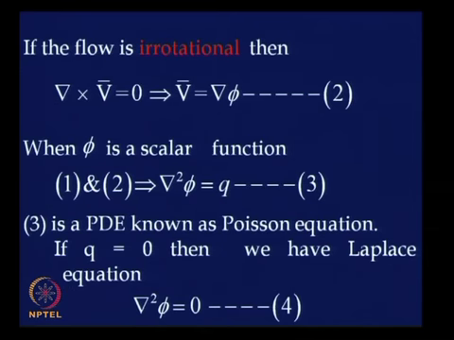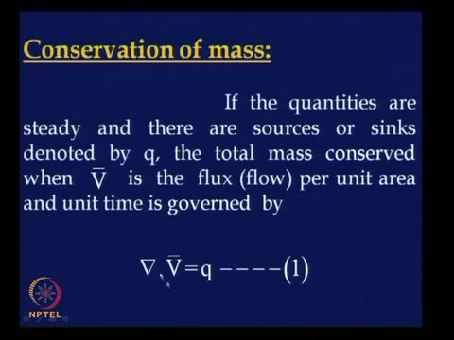There are some restrictions on the domain, like the domain must be simply connected, etc. I have not put them in, but under those restrictions, your velocity field V bar can be expressed as the gradient of a scalar phi. Now, substitute V equals grad phi in divergence V equals Q. Then the left hand side, when V is grad phi, gives a Laplacian.